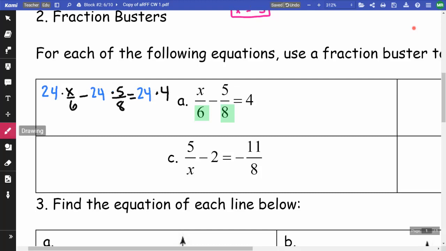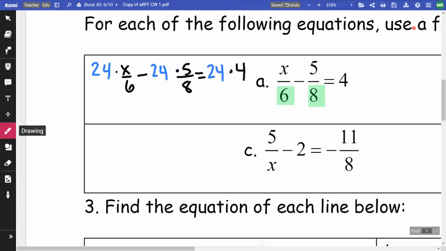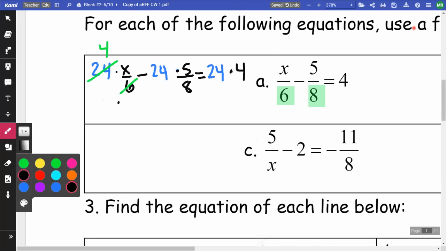Okay, now the reason we did this was to try to eliminate all of my denominators. So 6 is in 24 4 times, and so I am going to be left with 4x. 8 goes into 24 3 times, and 3 times 5 is 15, and it was a negative 15. And then 4 times 24 is going to give me 96.